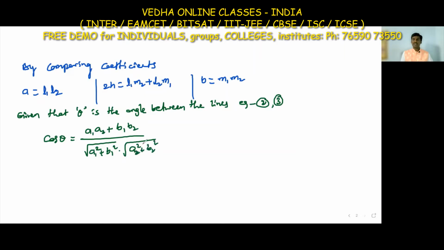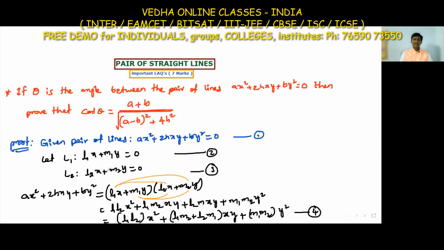Or we can write the same root for both. Now if we apply here, cos theta is equal to a1 a2 plus b1 b2, that is nothing but L1 L2 plus M1 M2.